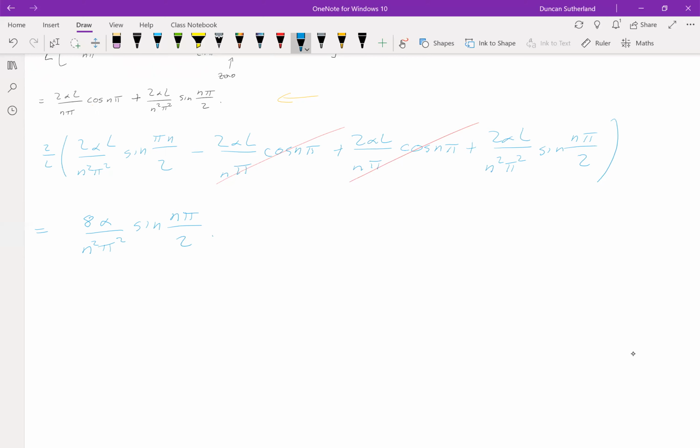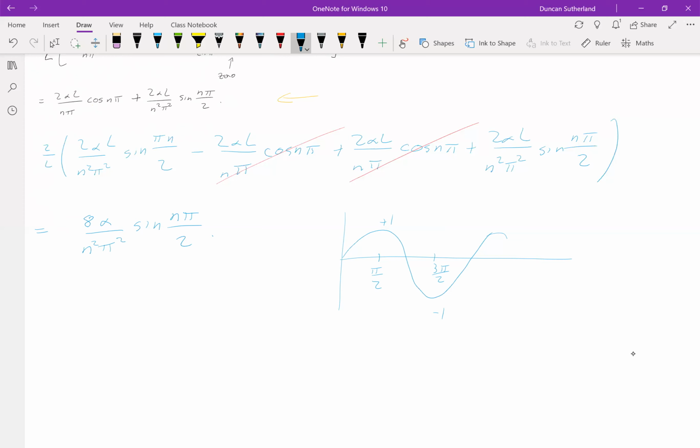And you can actually figure out what this has got to be. This is pi on 2, this is 3 pi on 2, and so on. So this is plus 1, this is minus 1. You can actually write that as a power.